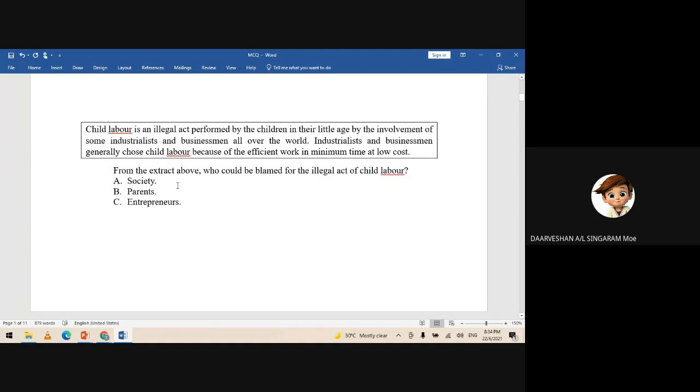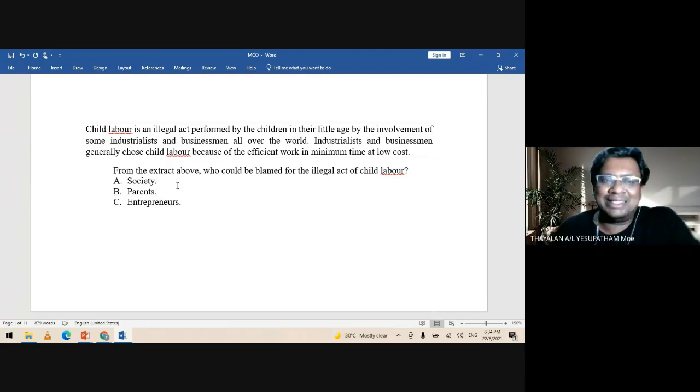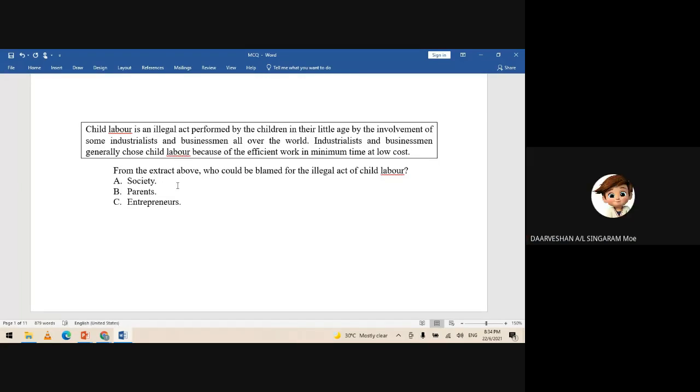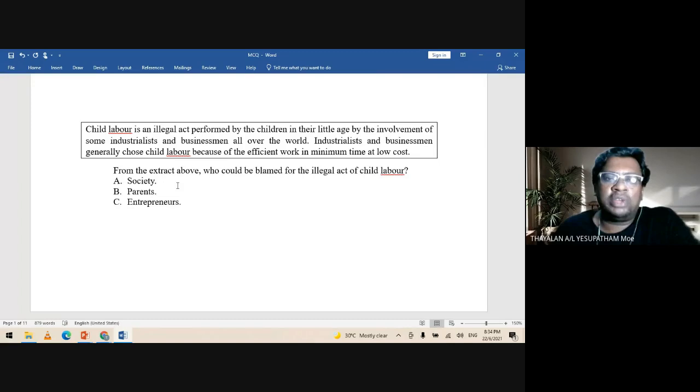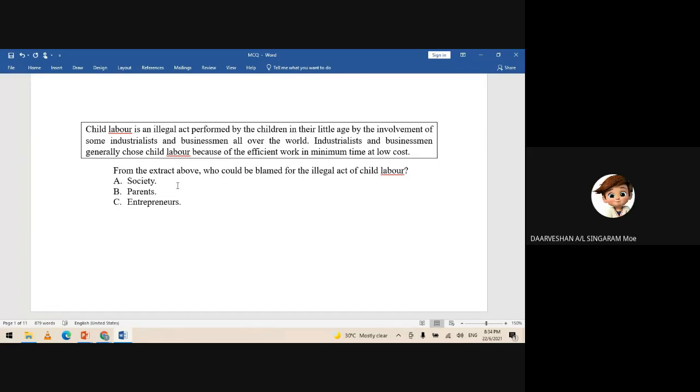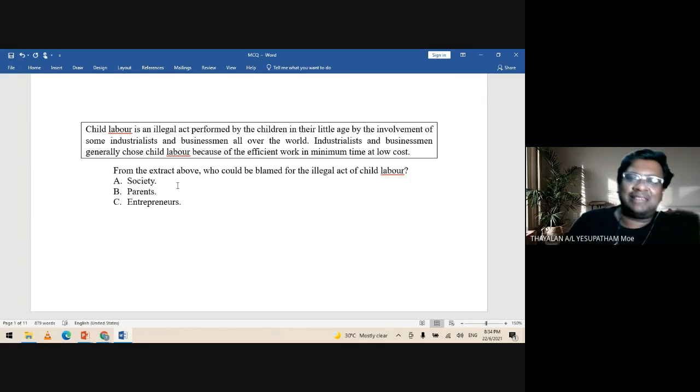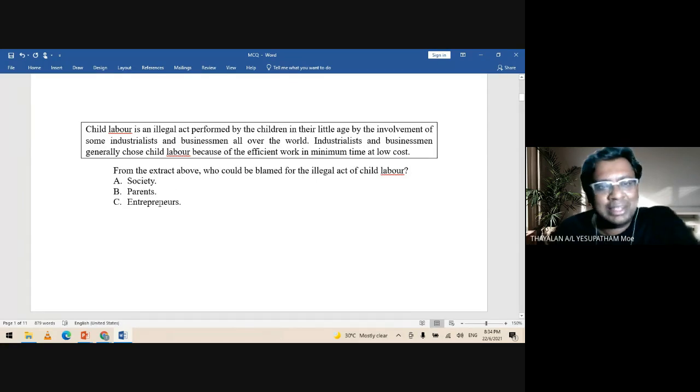No, sir. Okay, very good. Does the text talk about parents? No, sir. So entrepreneurs could most probably mean businessmen. Entrepreneurs are businessmen. So the answer is C.